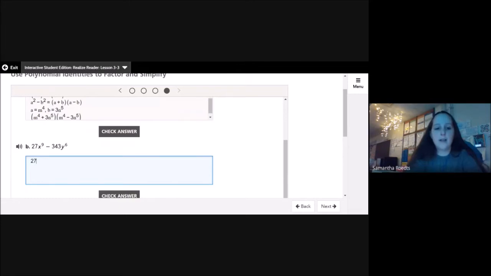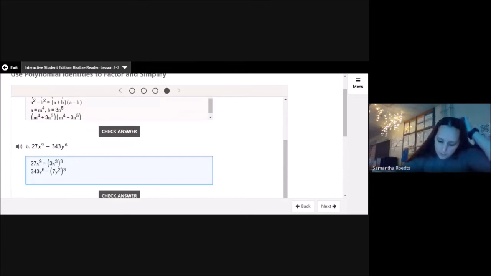So 27x to the 9th equals 3x cubed raised to the 3rd power, and 343y to the 6th equals 7y squared cubed. Okay, so this is a difference of cubes.